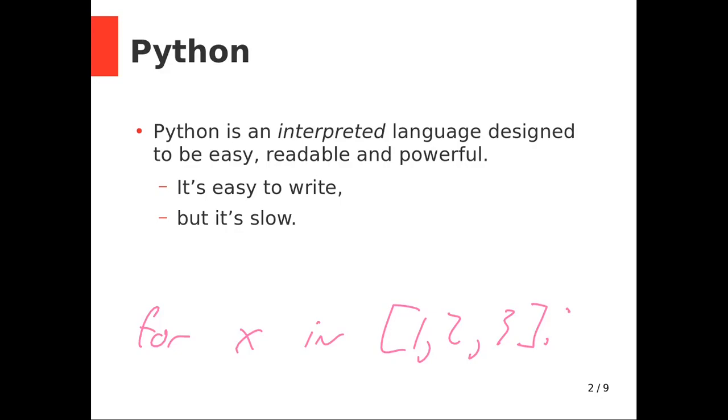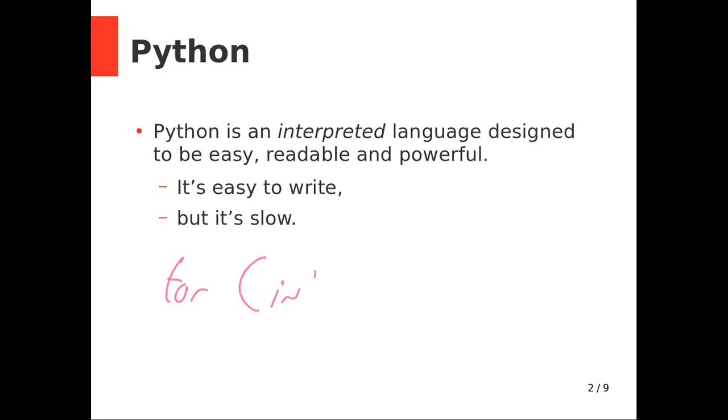So like if you're used to Java or C, then you have to create like a counter variable, right? You'd have like for i, and let's just say 10.